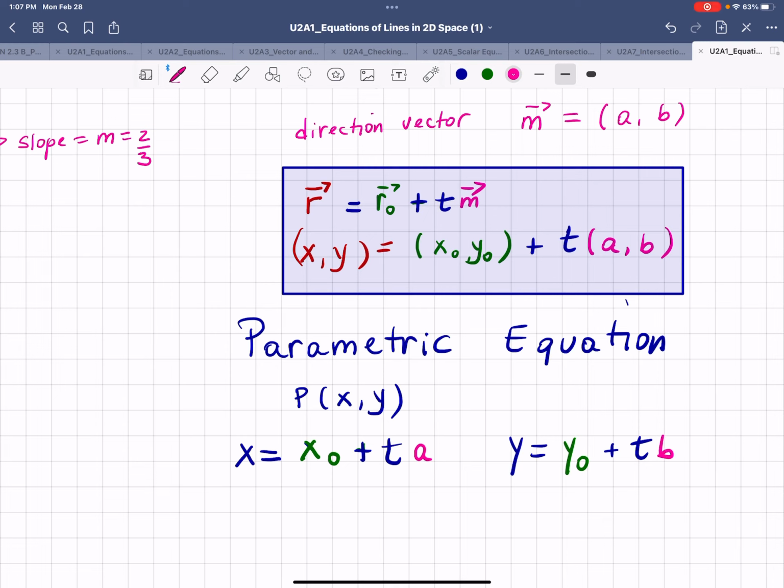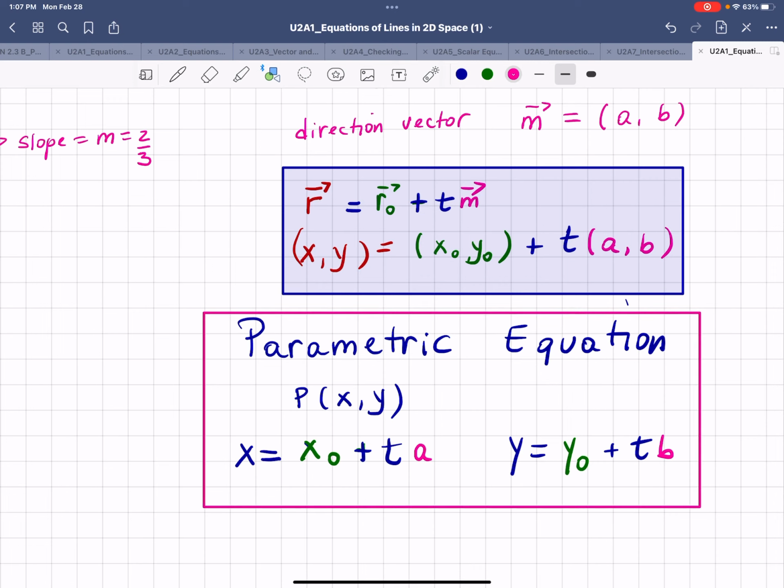So these two are what we call the parametric equations of a line. So vector and parametric.